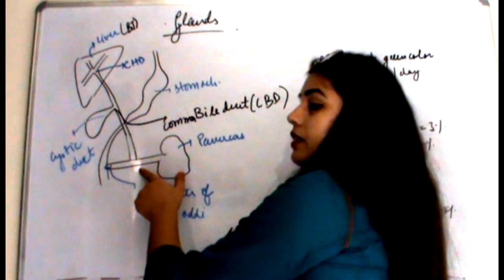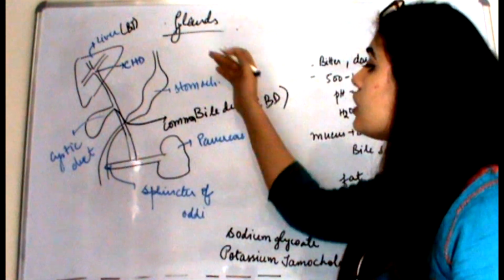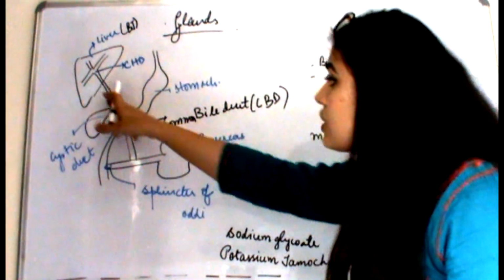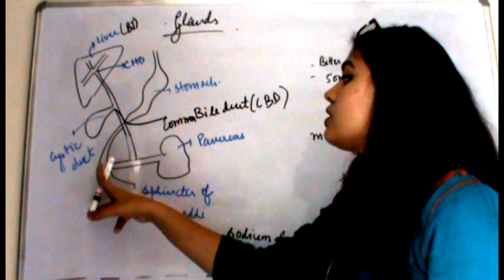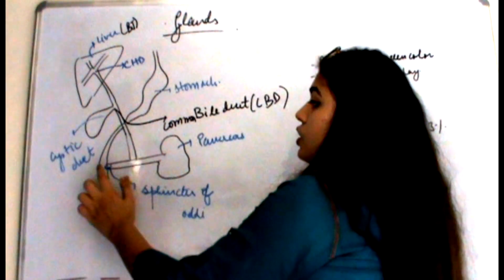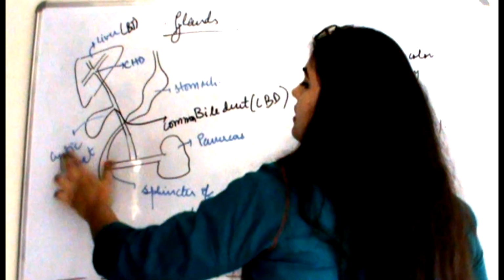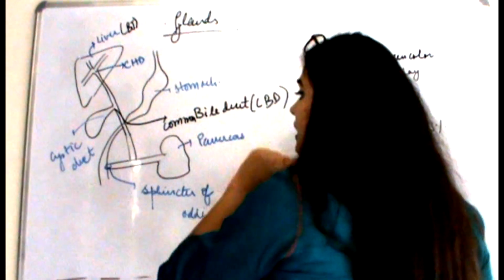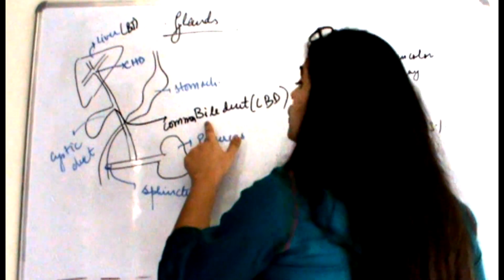From the pancreas, the pancreatic duct comes out. All of these come together with their secretions. The pancreatic juice comes through the pancreatic duct to this opening, and from the liver, the common hepatic duct and cystic duct together form the common bile duct, through which bile juice comes out.